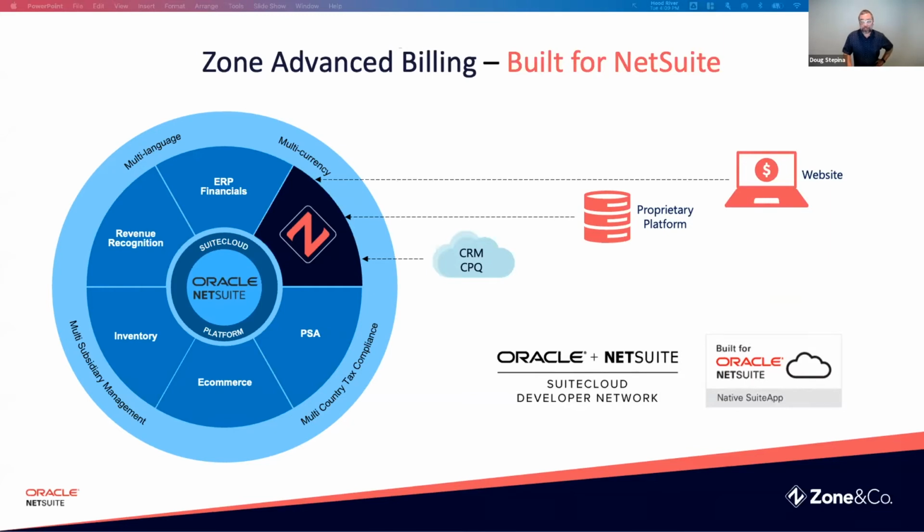We will see connections to proprietary platforms for bringing in different elements of usage data or variable usage data, and we'll often see websites, SuiteCommerce Advanced, different touch points, whether it might be an end user, a self-service component, feeding information into the changes regarding your contracts and subscriptions.